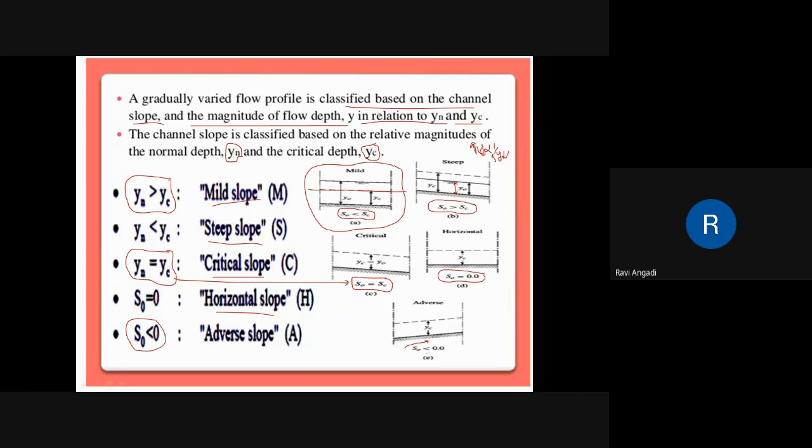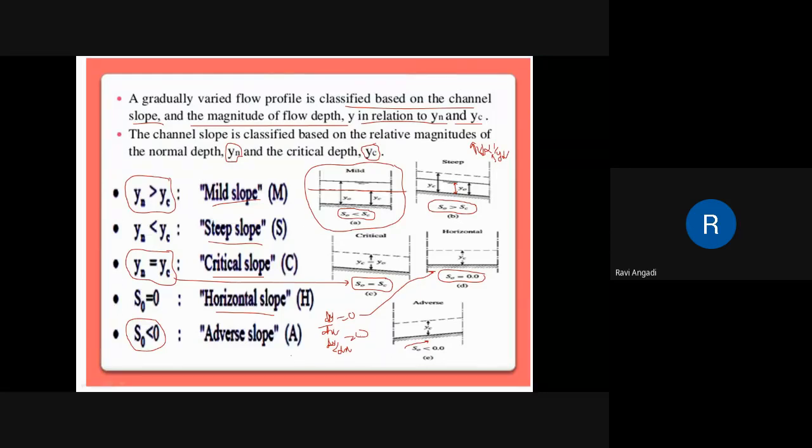Then for a bed slope of 0, that's why I told you to remember dy by dx equal to 0. It means what type of flow you get? It's perfectly horizontal, right? Is it clear? If dy by dx is greater than 0, what type of flow do you get? Backwater.